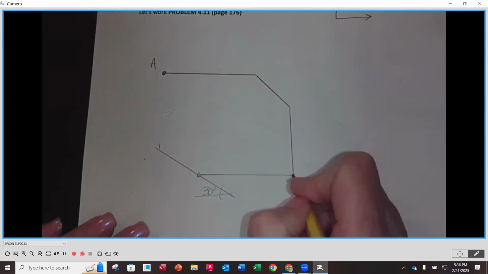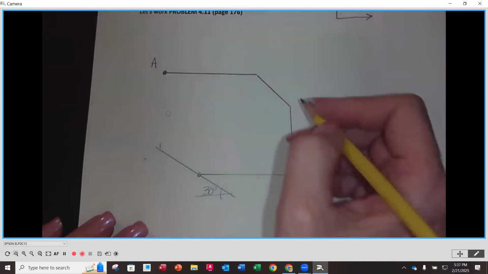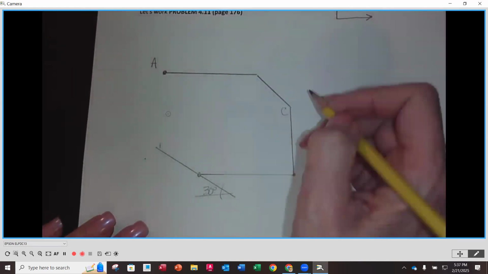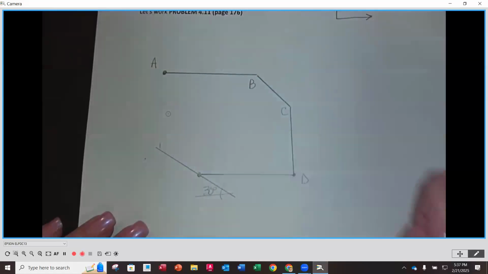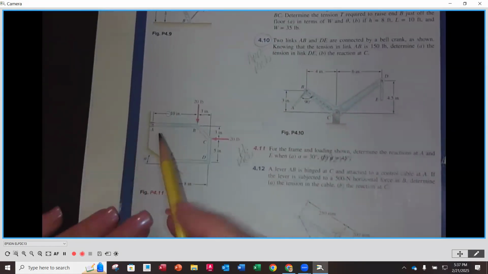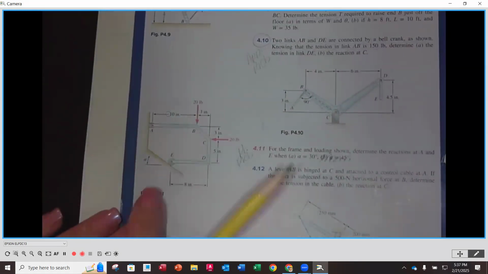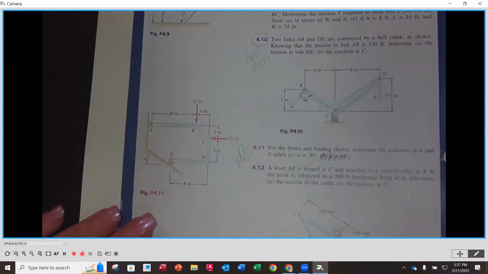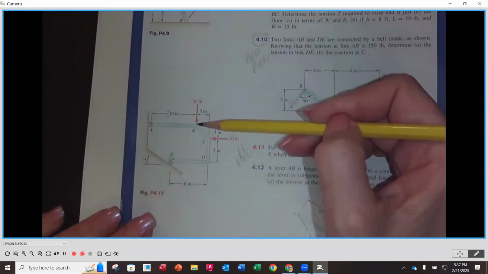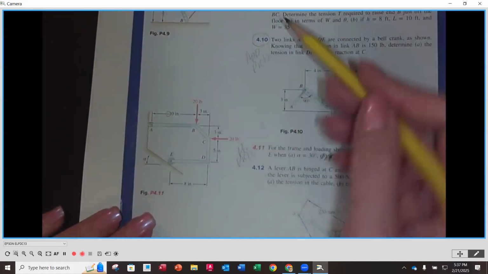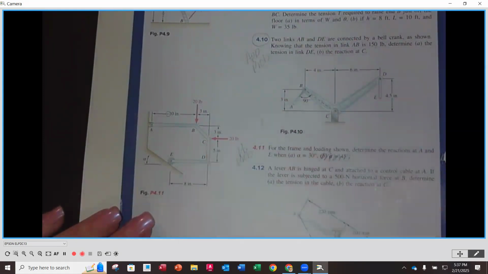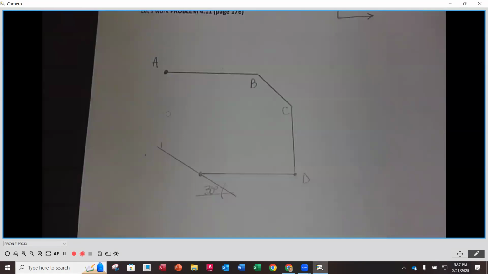And then we've got this called out as corner D. This is corner C, B. I kind of just did the perimeter here right now and identified each one of those points. Then I'm going to add in the forces that we have here: the 20 pounds going down at B and the 20 pounds going to the left at C.